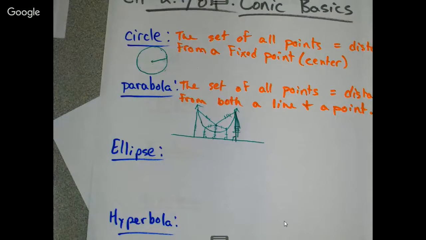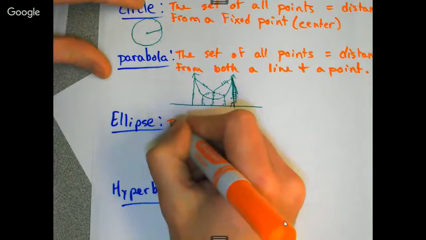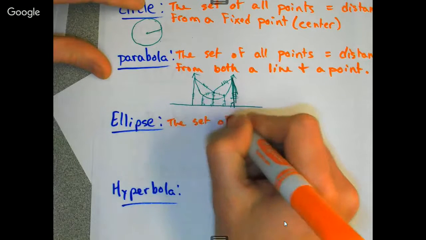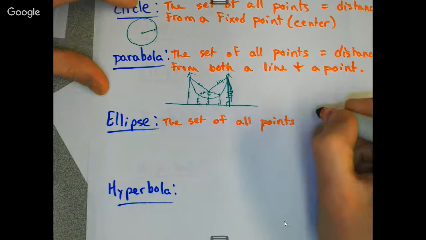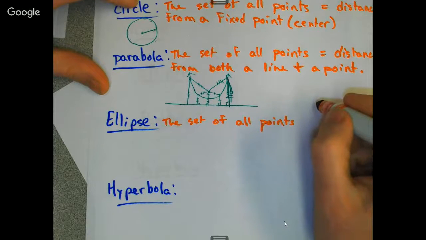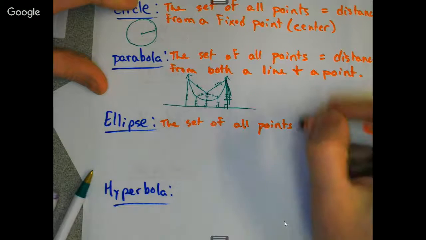So an ellipse is the set of all points. This one gets kind of tricky.